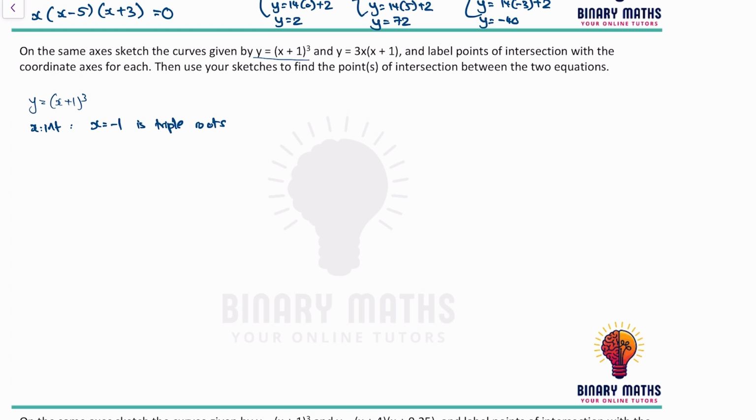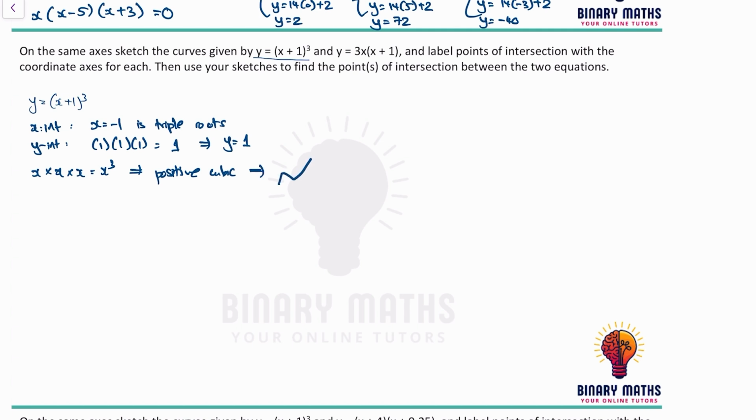The y-intercept will be 1 times 1 times 1, which is equal to 1, which implies y equals 1. Again, because you're getting x times x times x, which is x cubed, it's a positive cubic graph. So it's going to start off at negative, end up at positive.